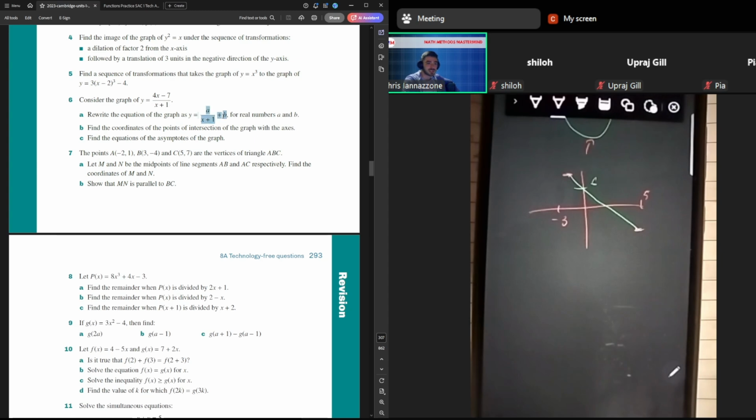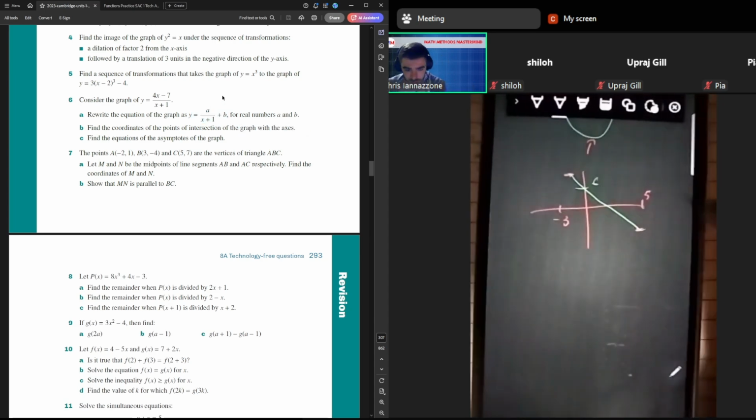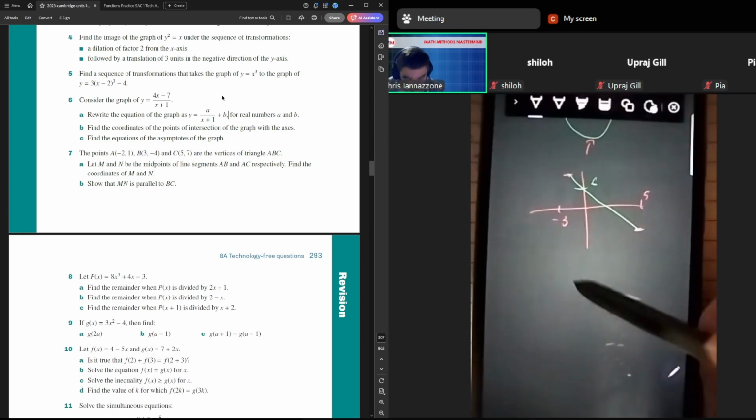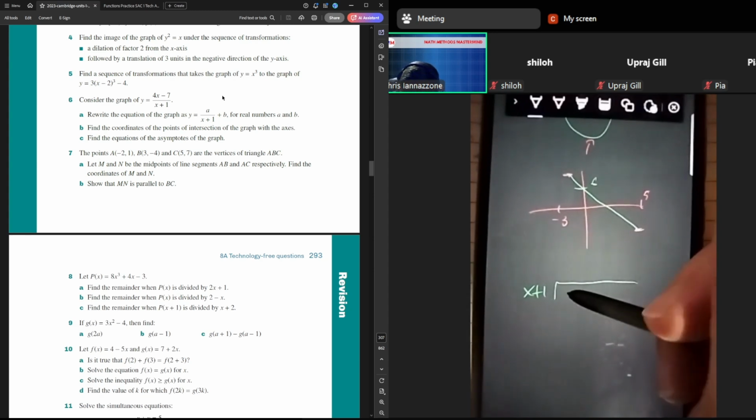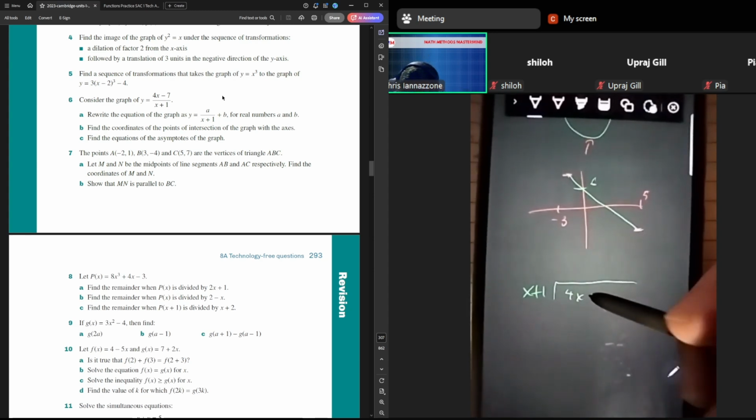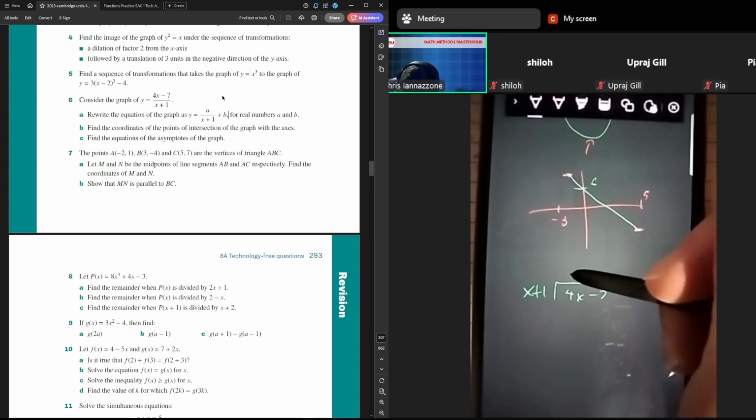So this actually just is the result after dividing a linear by a linear. You get something that looks like a hyperbola every time, as far as the polynomial division goes. So if I briefly go through that, it'll be a very quick one. X plus 1 divided by 4x minus 7. 4x divided by x is going to give us 4.